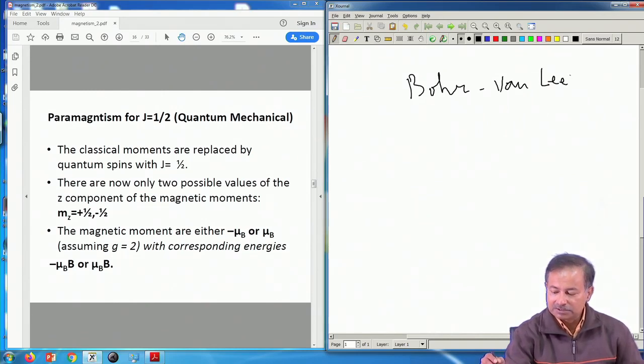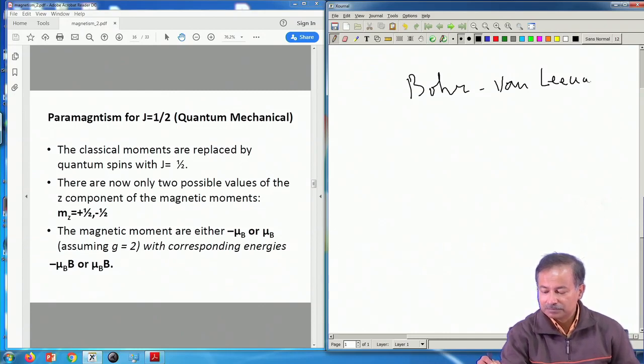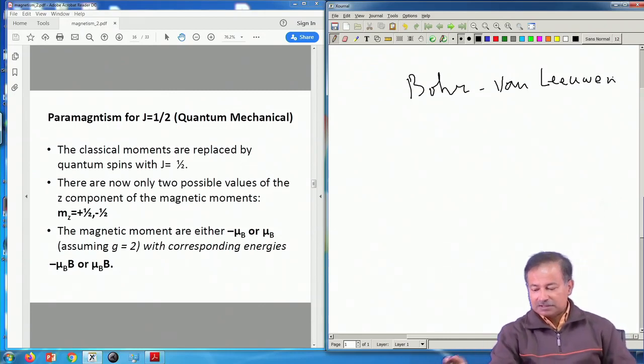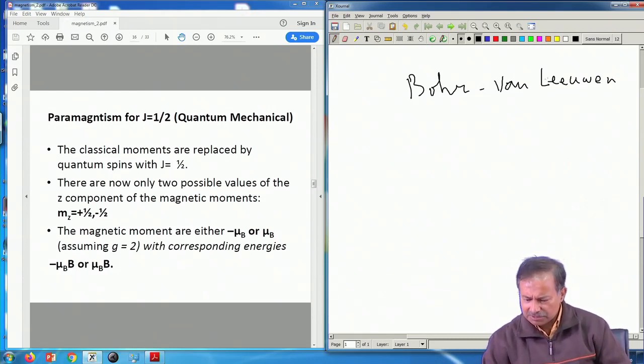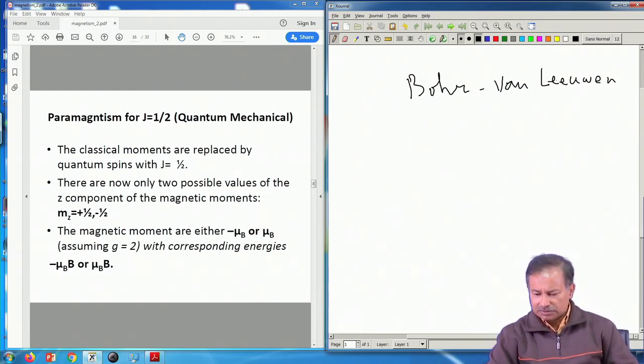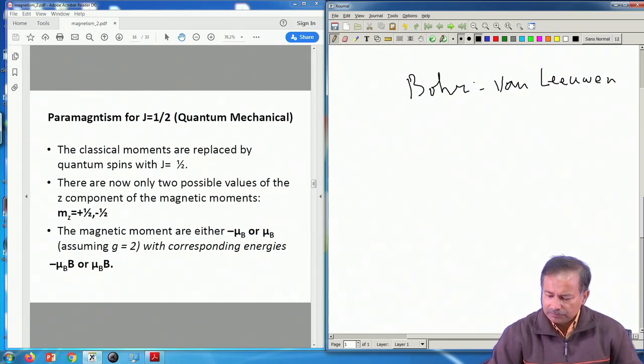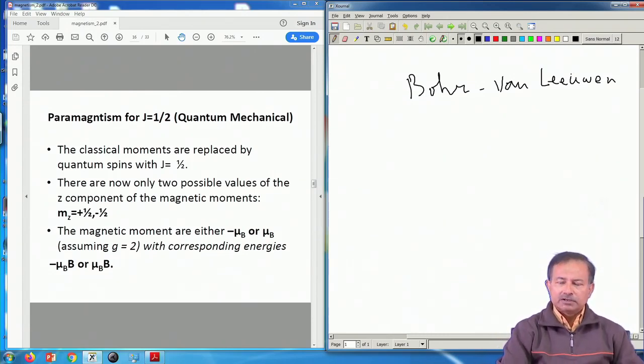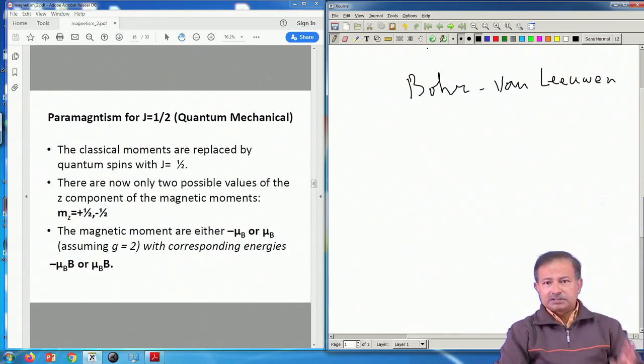Bohr and van Leeuwen had shown that you do not have in equilibrium any magnetic moment coming from a classical description of the system. So that we must keep in the background.